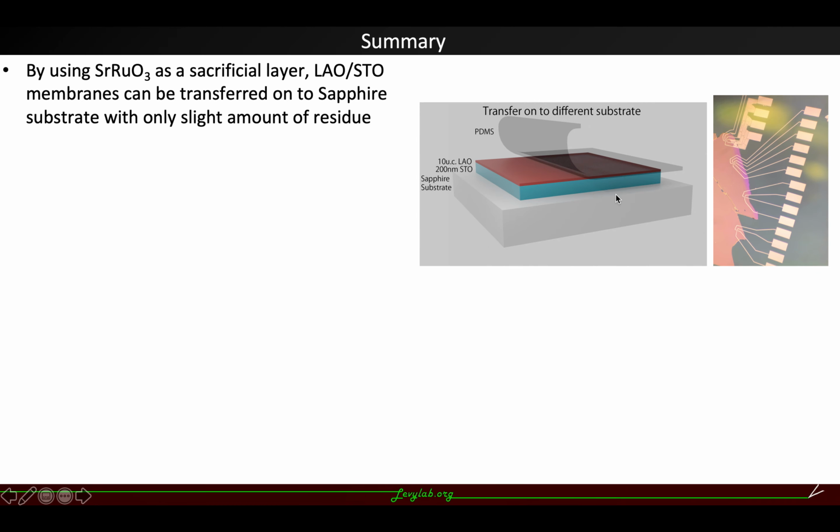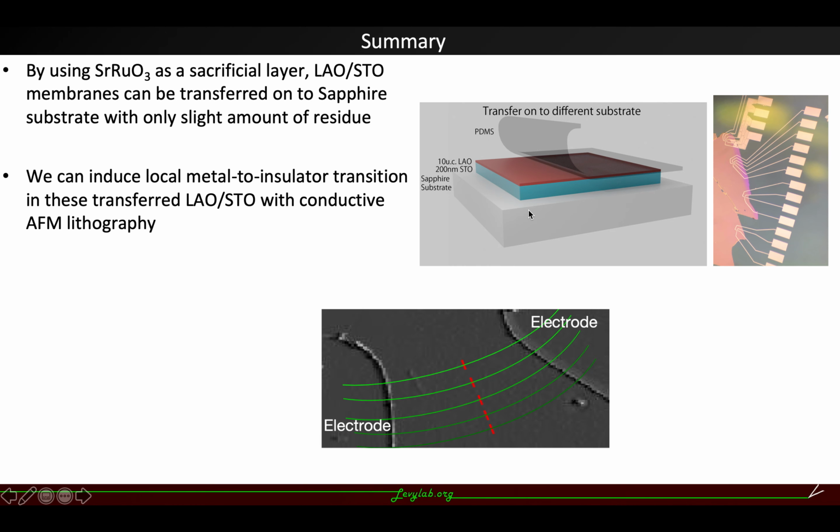So in conclusion, with the help of strontium ruthenate as a sacrificial layer, we can achieve the LaSTO heterostructure transfer onto a sapphire substrate, and the structural and electrical properties of our LaSTO membrane are well preserved, since we can control the nanoscale metal-to-insulator transition on the canvas we patterned.